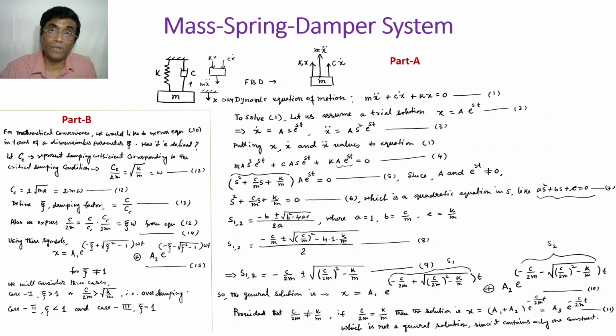This is only possible if the system is linear in nature. That is very, very important. So why not multiplication, etc.? Because the principle of superposition holds good for linear systems. That is our assumption, and that's why I can get a general solution of this differential equation.